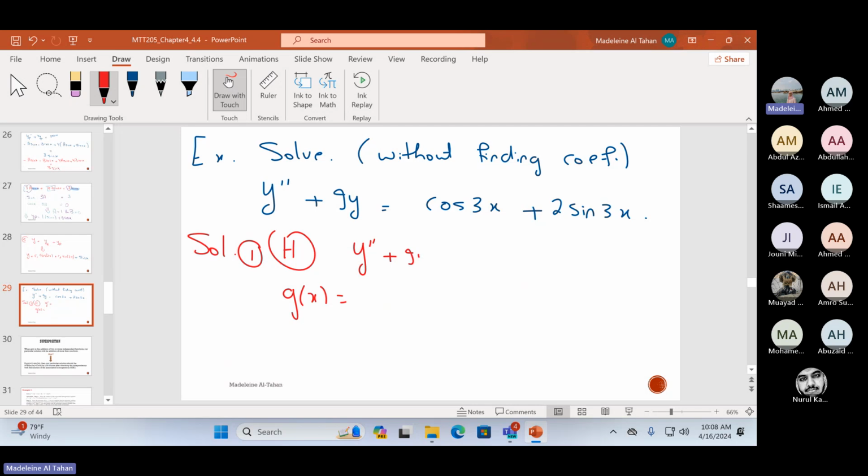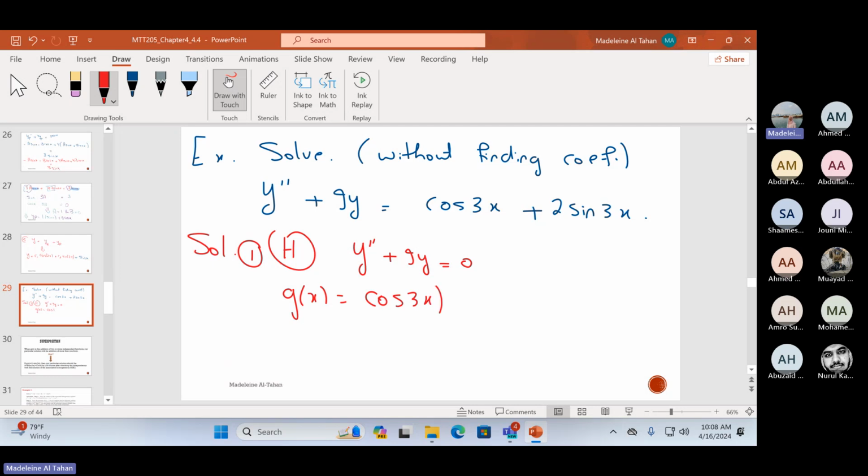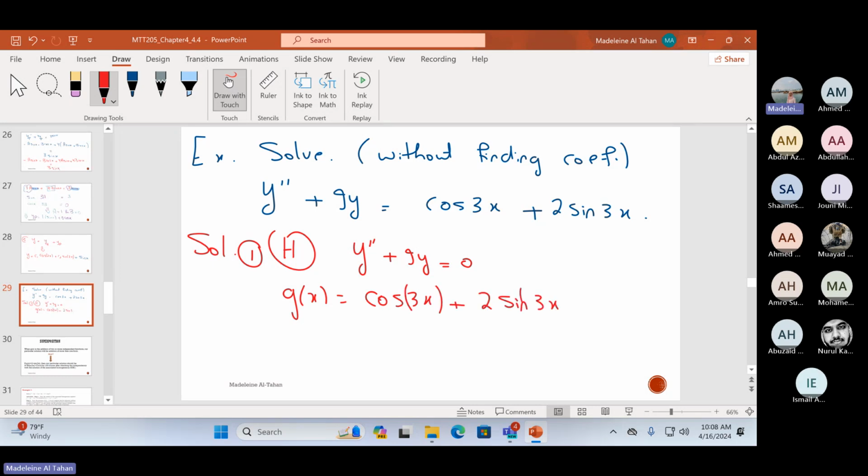Y double prime plus 9y equals 0. And G of X is cosine 3x plus 2 sine 3x.